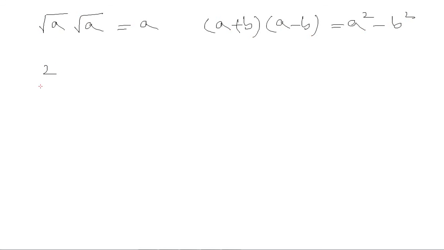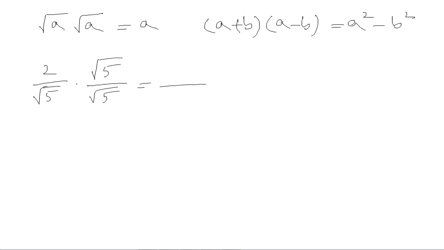If you're supposed to rationalize the denominator of this fraction, you need to get rid of the radical in the denominator without changing the value of the fraction. So you multiply both numerator and denominator by radical 5.